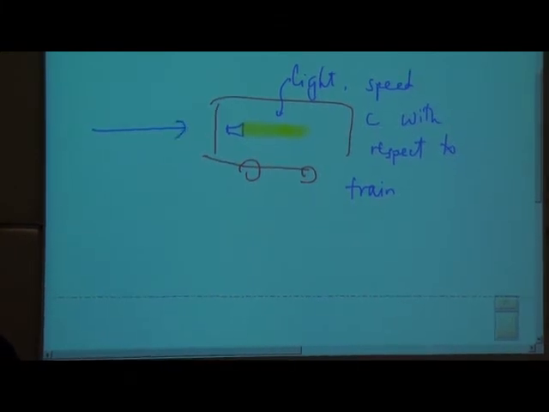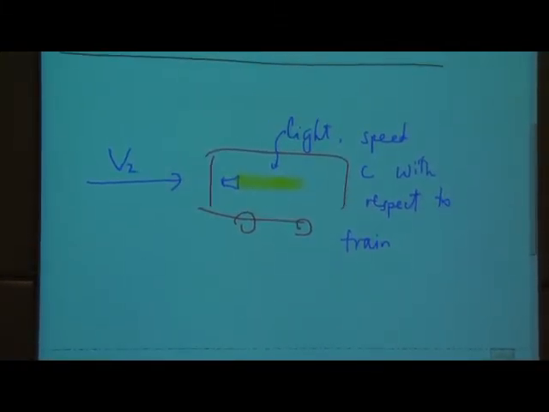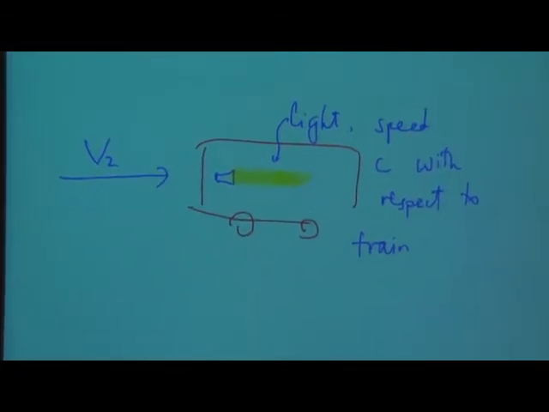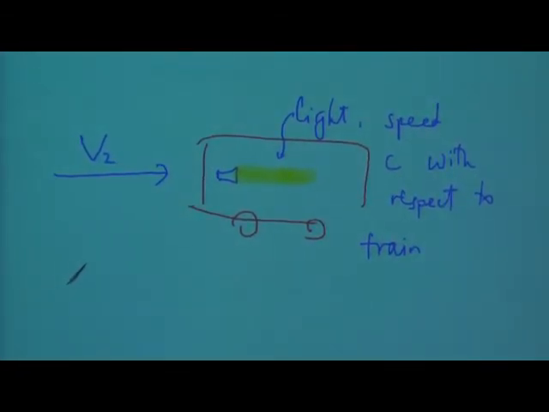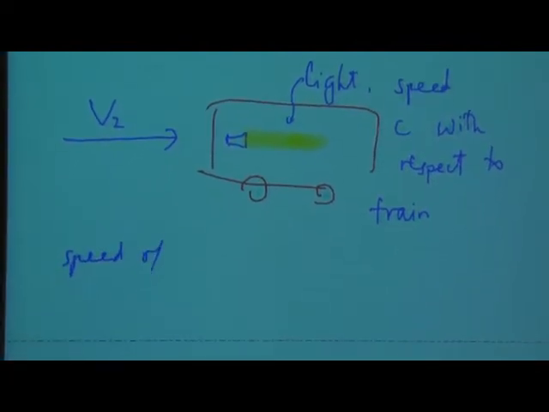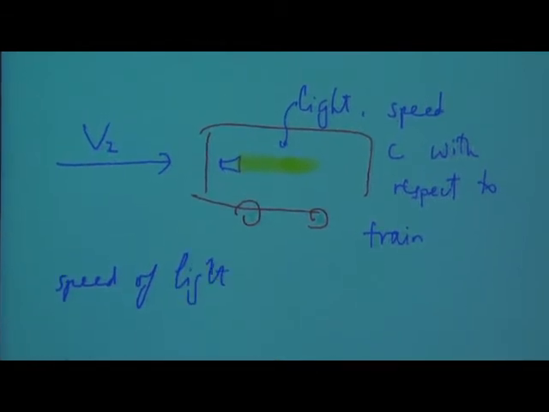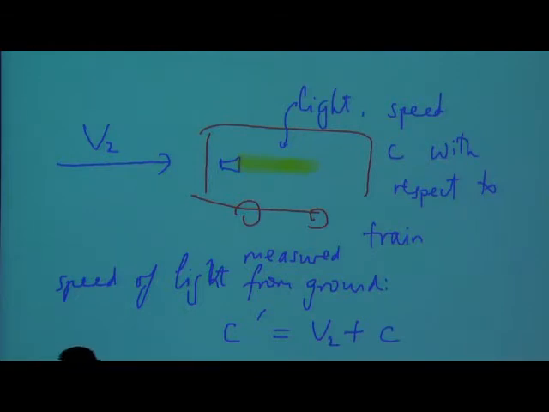And the train is going with v2 as before. Okay? So the speed of light measured from the ground, what do you expect it will be, let's say, c prime equals v2 plus c. So this is the scientific method.